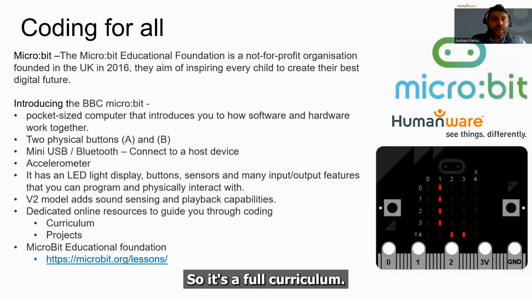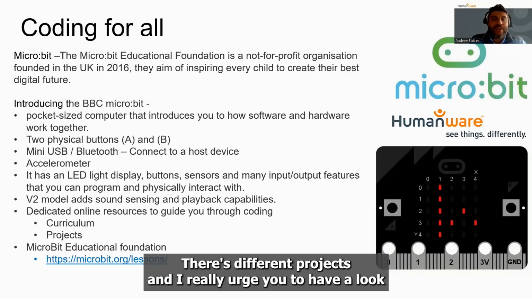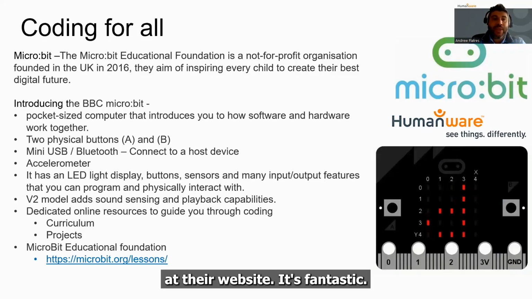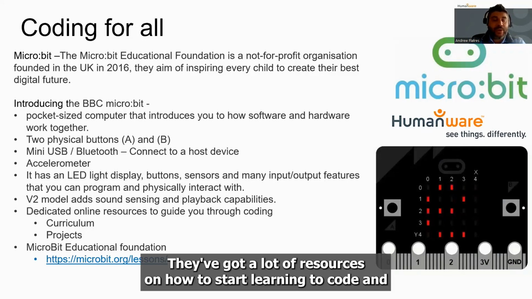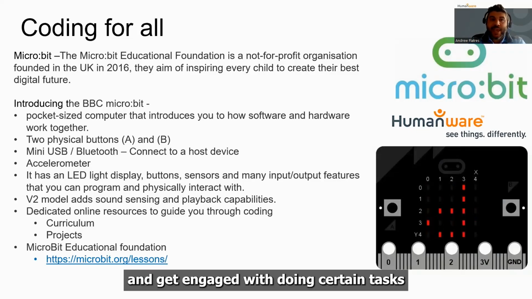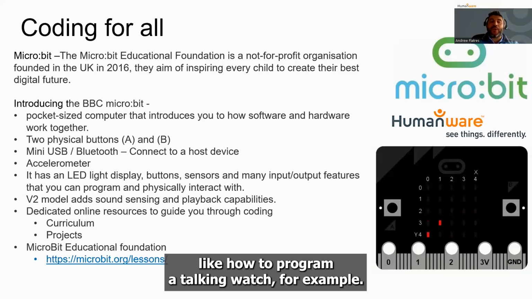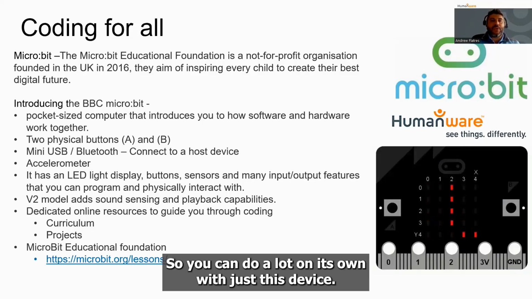So it's a full curriculum. There are different projects, and I really urge you to have a look at their website. It's fantastic. They've got a lot of resources on how to start learning to code and get engaged with doing certain tasks, like how to program a talking watch, for example. So you can do a lot on its own with just this device.